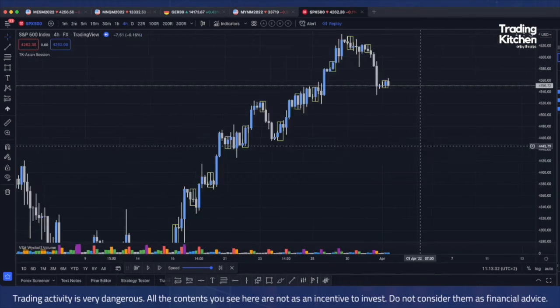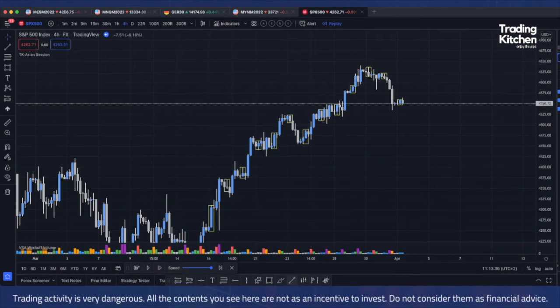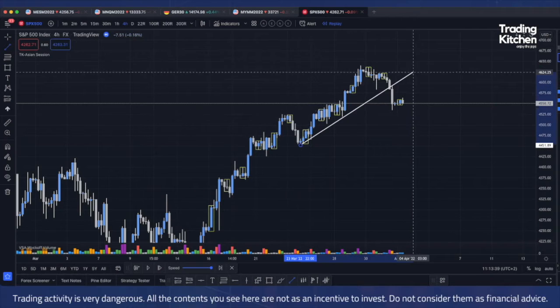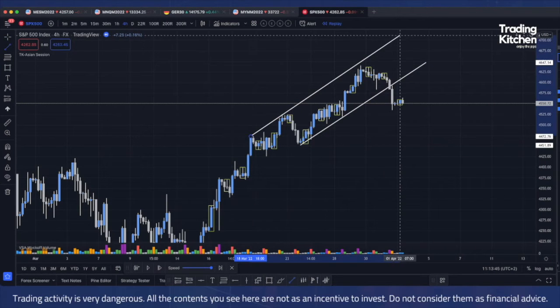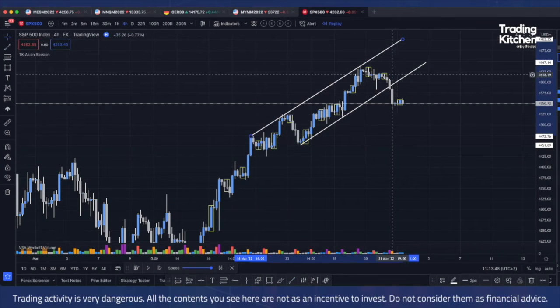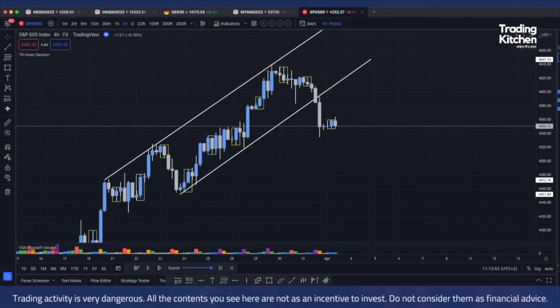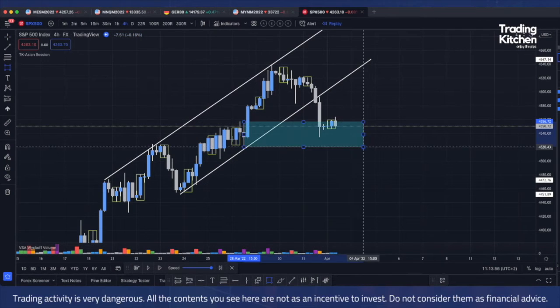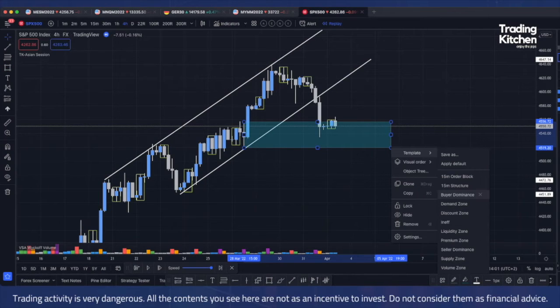So, what about the multi-time frame analysis? Here we are inside the channel that is being broken by this impulse. So we are going to look for a short, but we have to be careful because, as you can see, we are still inside the last buyer dominance.